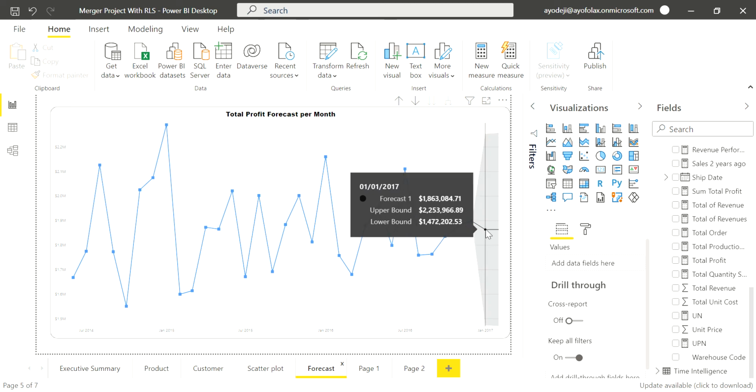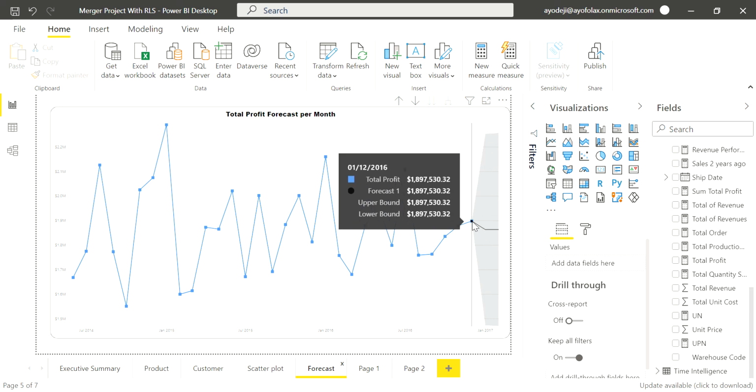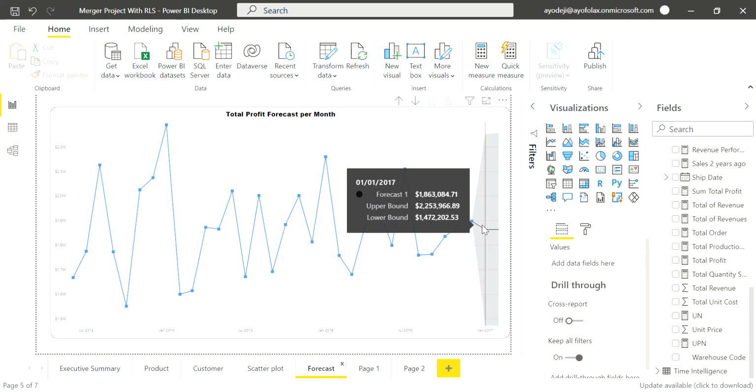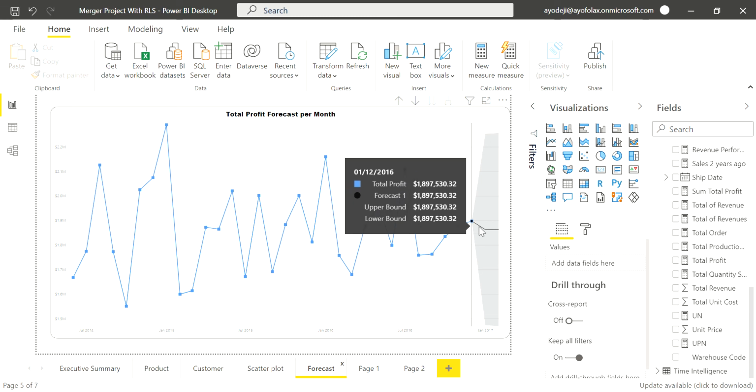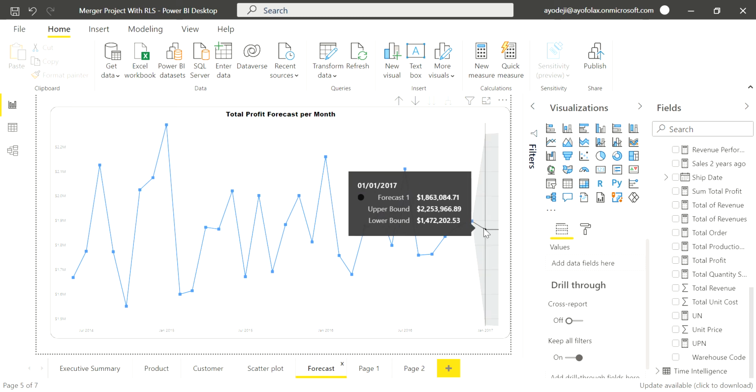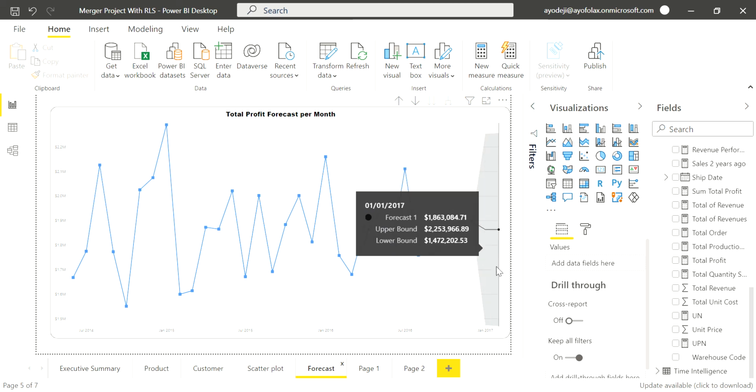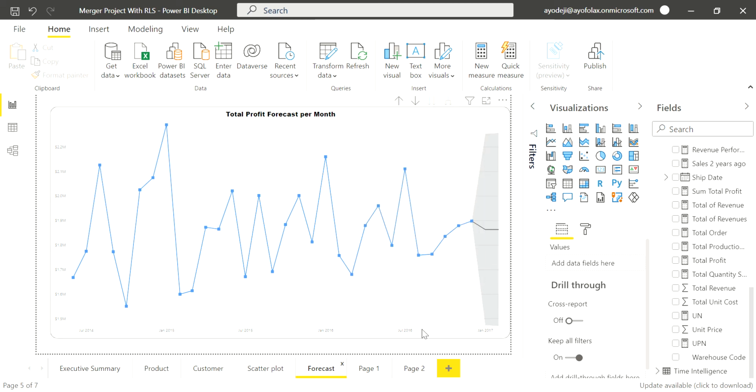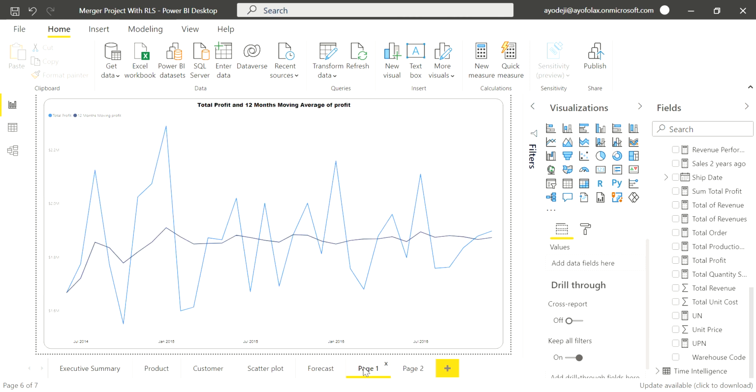It's predicted that the sales for January of 2017 will fall from a little over 1.897 to 1.863 million, and then it stabilizes in February. So there's an overview of the sales forecast.